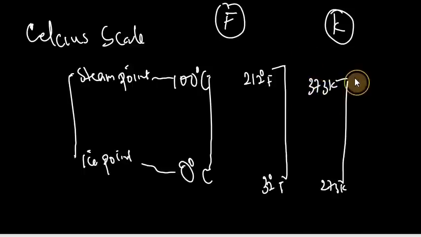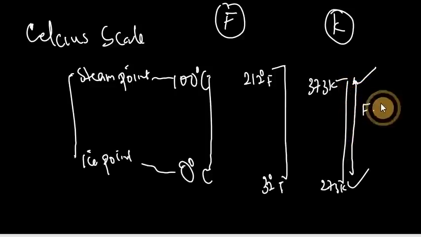So this is the upper fixed point, and this is the lower fixed point. The difference between the upper fixed point and lower fixed point is what is called the fundamental interval. So we shall be making use of this to solve problems involving temperature conversions.